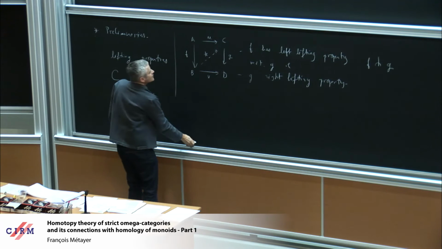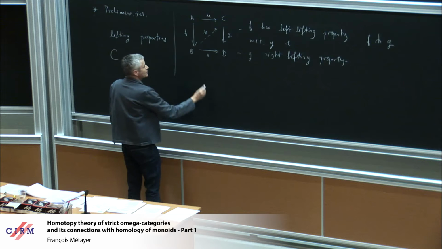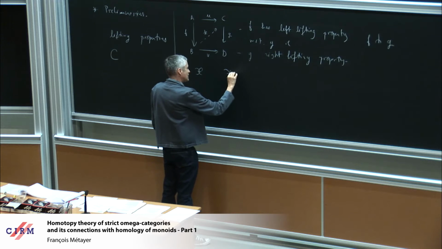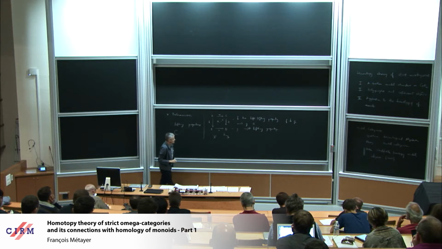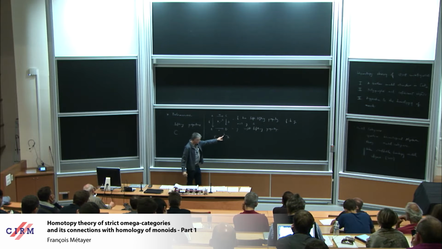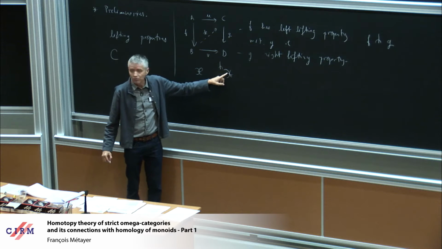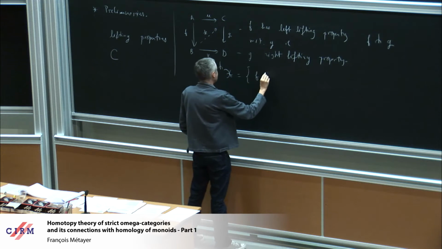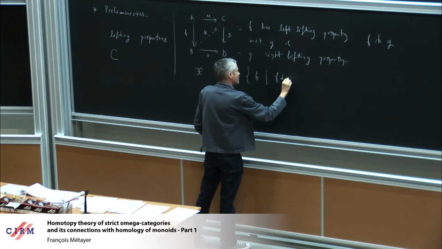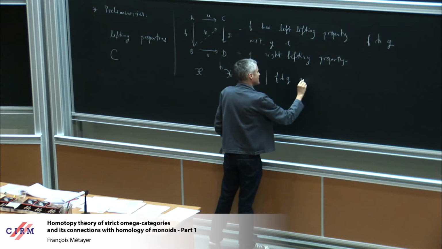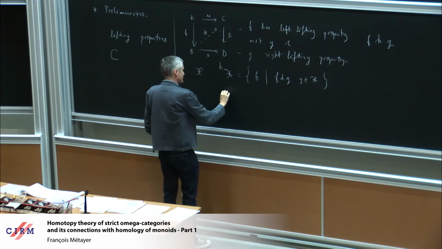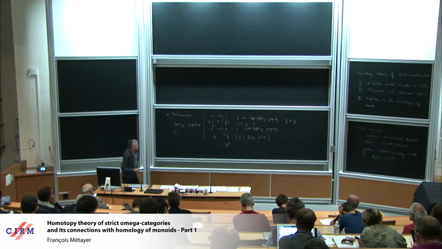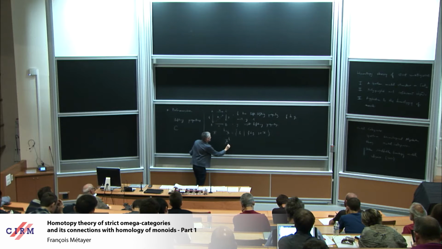Whenever you have a class X of morphisms, we shall denote by this the class of morphisms which have the lifting property with respect to all morphisms G in X. Of course, the dual notation is clear.